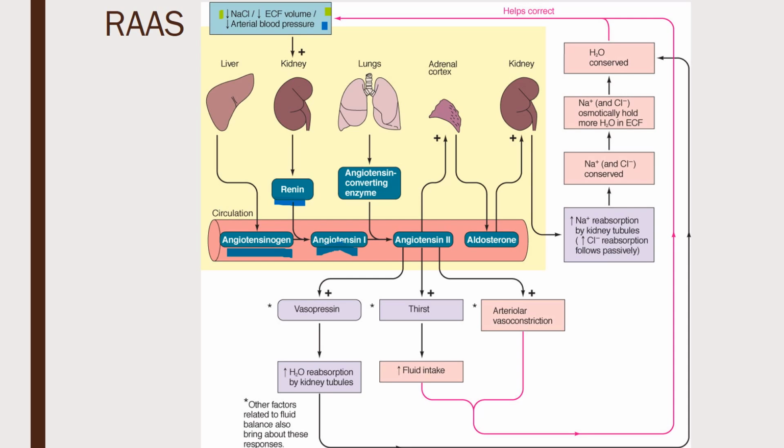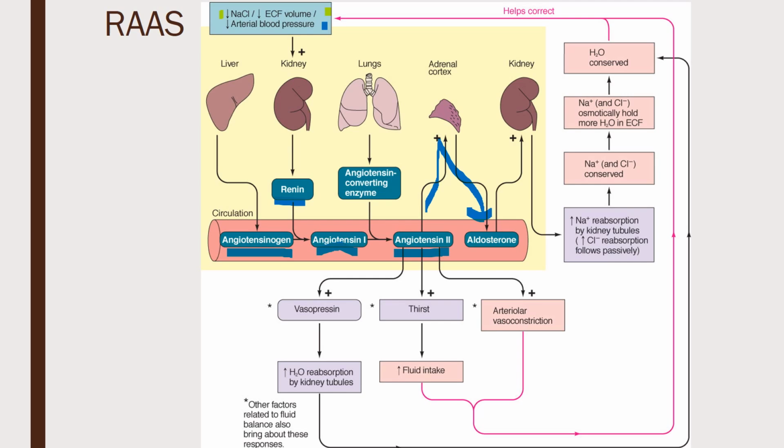Again, the liver houses the angiotensinogen, which enters the bloodstream, and then the enzyme will activate it to angiotensin 1. Then the lungs are going to secrete the ACE, angiotensin converting enzyme, so we go from angiotensin 1 to angiotensin 2. And then the adrenal cortex is stimulated, where it's going to produce an increase in aldosterone.